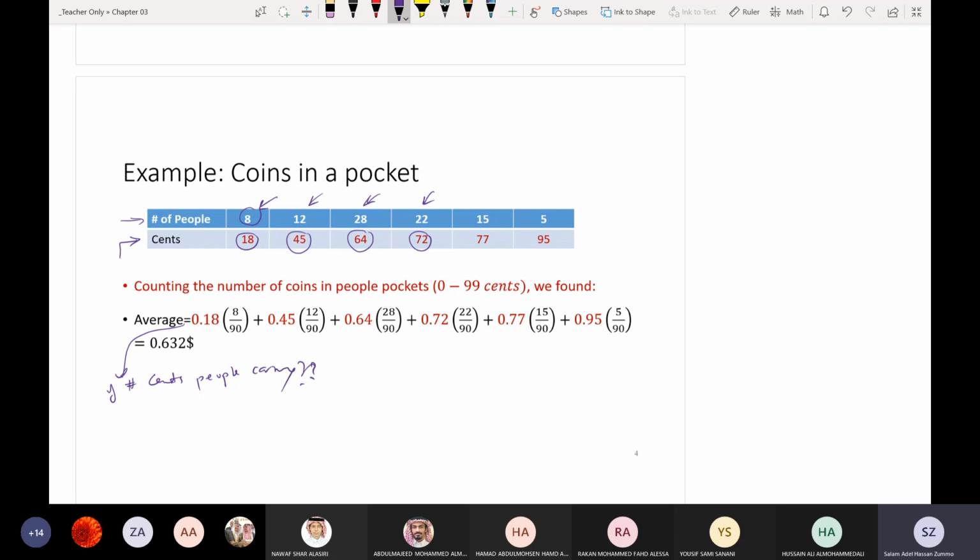Simply, I look at every group of number of cents, 18 for example. Here the average number of dollars. Dollars, not cents. So 18 cents is $0.18, and I multiply by the number of people carrying this divided by the total, which is the probability that x equals 0.18, right?